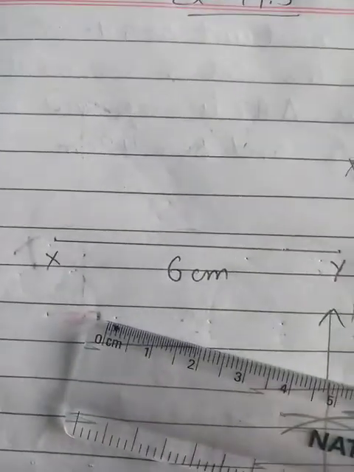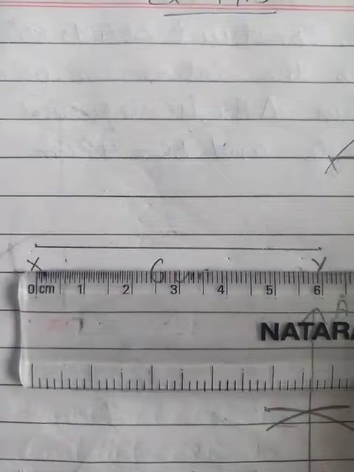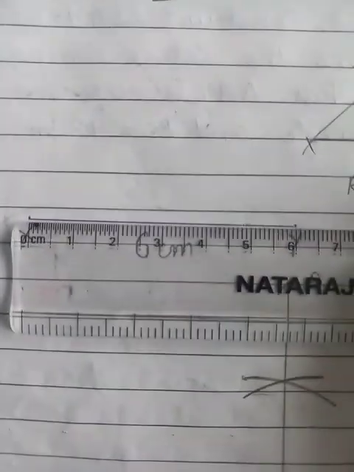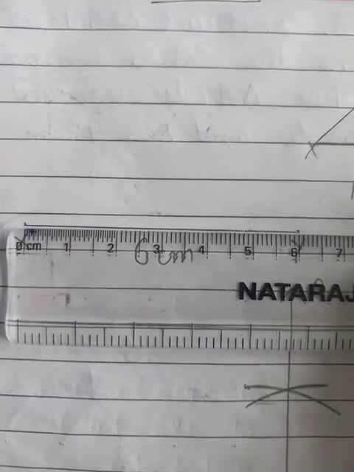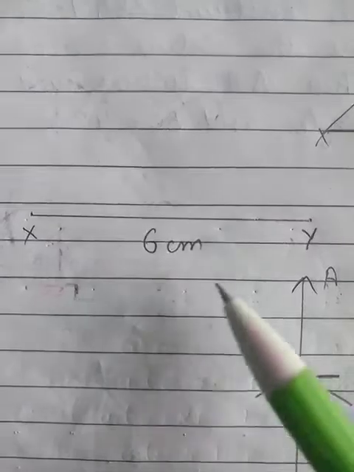I have drawn here the line segment whose length is 6 centimeter. Okay, clear? And I have given the names X and Y.